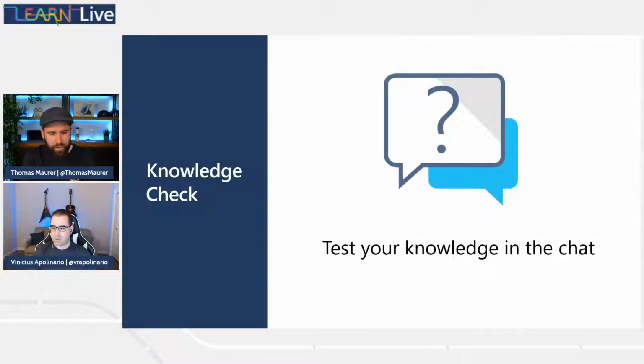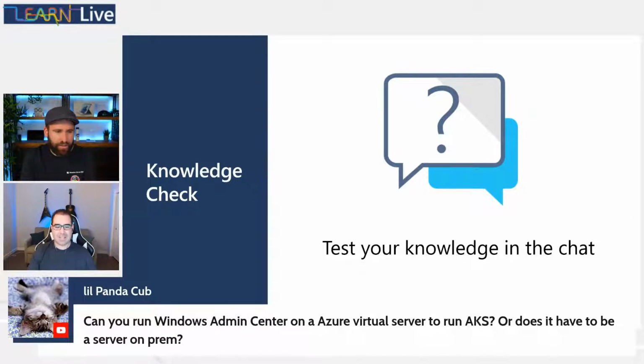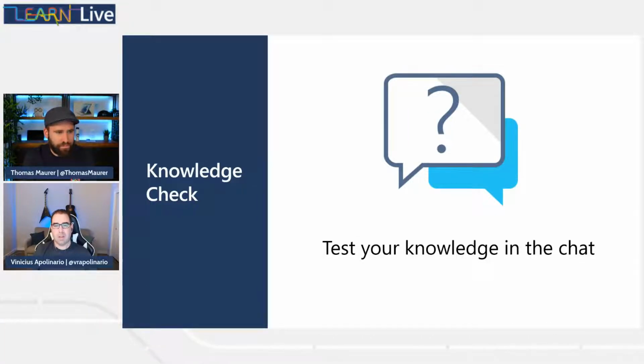Yeah, there was also a question about using an Azure VM. I think it was Little Panda Cub who asked, can I use an Azure VM to go and test this? Yes, you can. In fact, we have documented the steps to do that. If you go to the AKS on HCI documentation page, in the how-to section, the very first link there has an option for running on Azure.